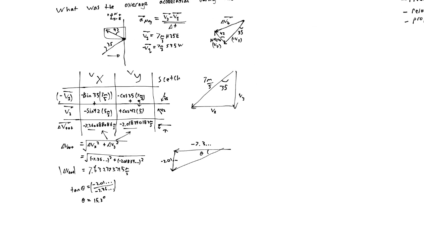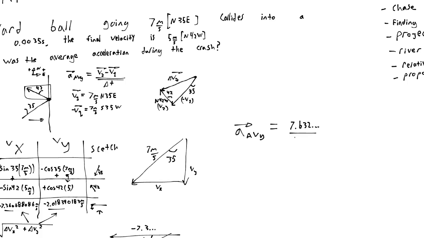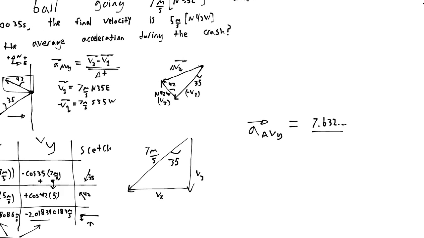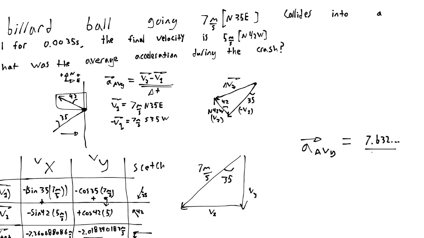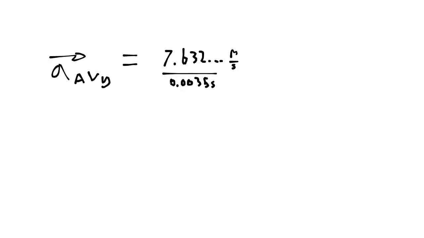Okay. And now you just put everything together. So acceleration average equals 6.632 dot dot dot divided by, and I'll add in the direction after, the time, which was 0.0035 seconds. This is meters a second up here.